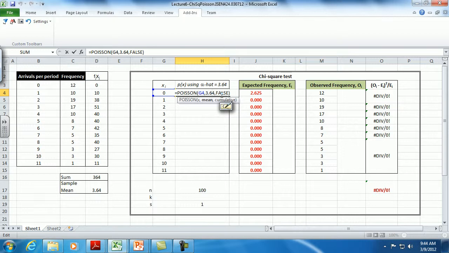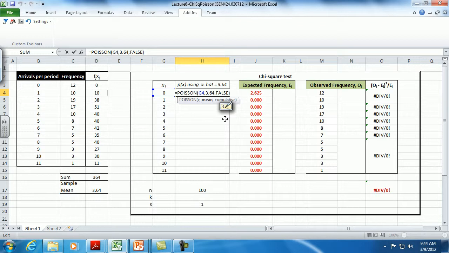And this is for all the discrete distributions. So the formula asks you if you want the cumulative value or if you want the probability mass function value. So in order to get the probability mass function, we need to type false for the cumulative part. Okay, if you want the cumulative distribution, then you need to type true.